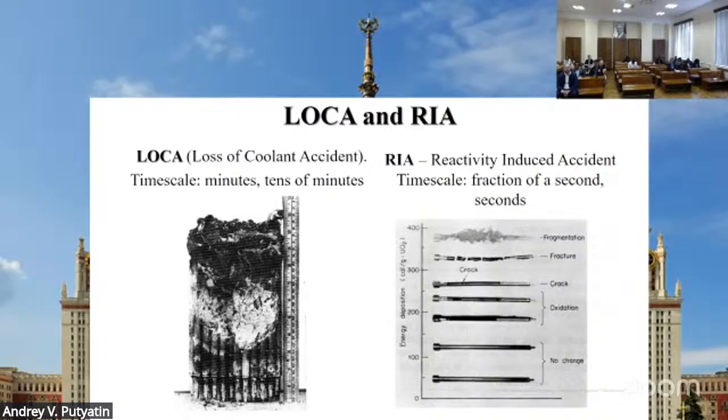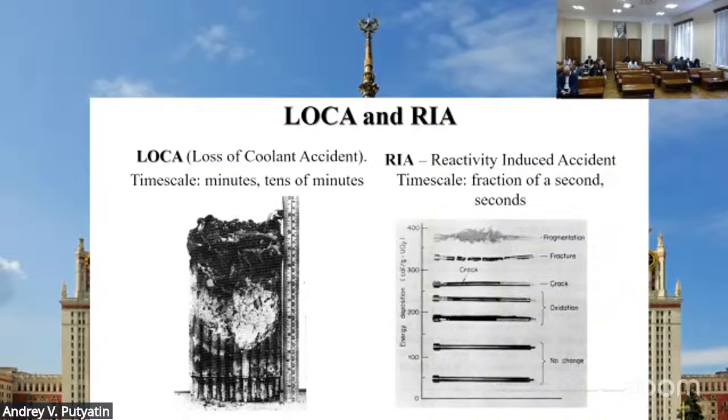The coolant is, for example, liquid, supercritical water or liquid sodium or something else, and you have a very rapid reaction between it and very small particles of very hot uranium fuel. For example, very hot here means something like 2000 degrees centigrade or even higher.